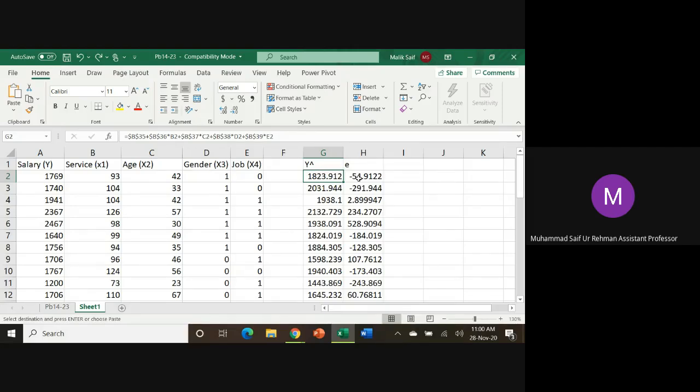Okay, so now this is the residual value, and if you are interested in knowing whether these residuals are random or not, you can plot these.